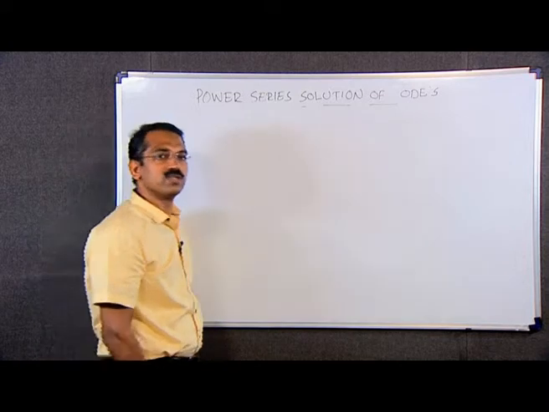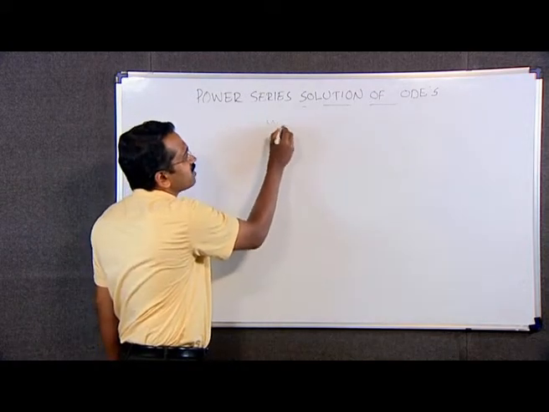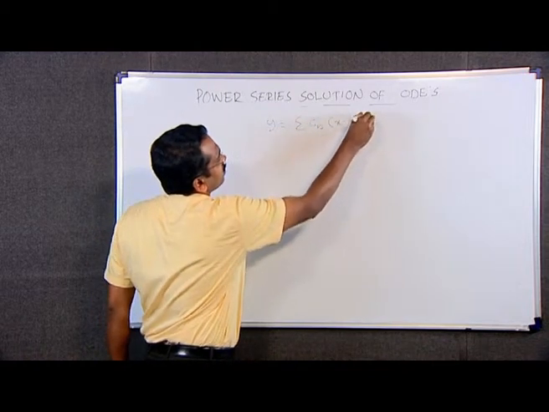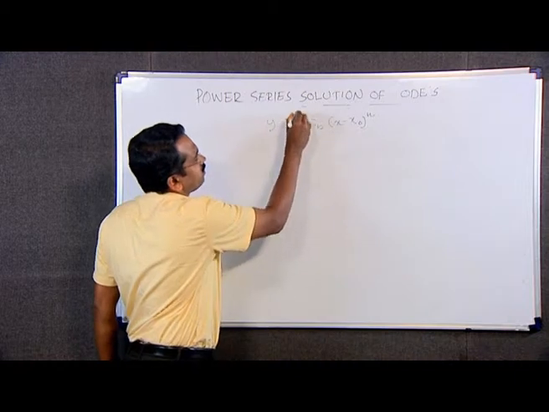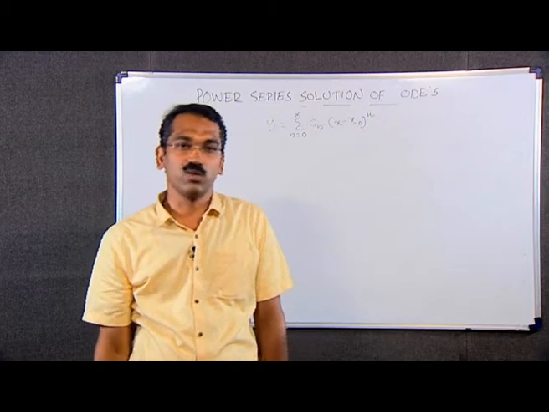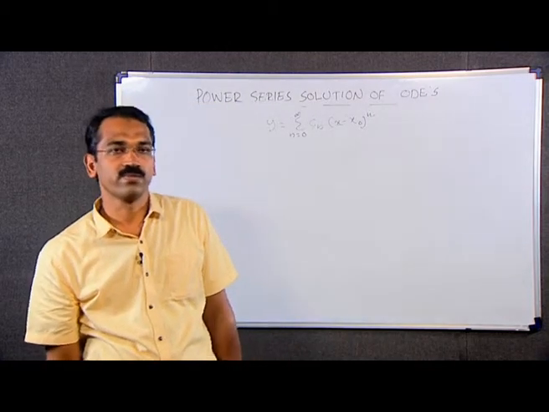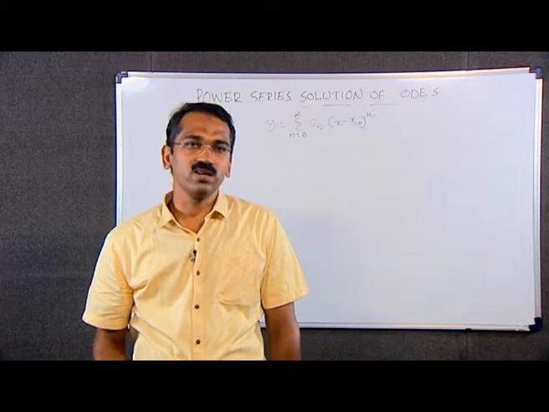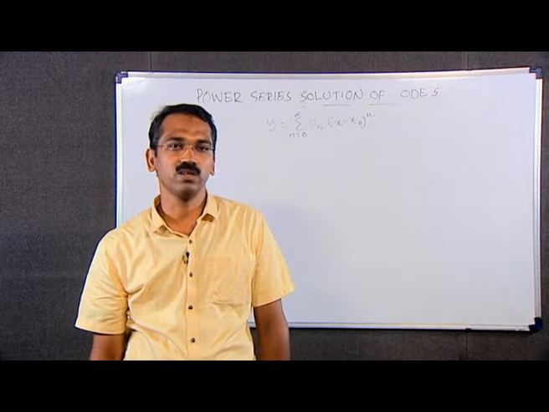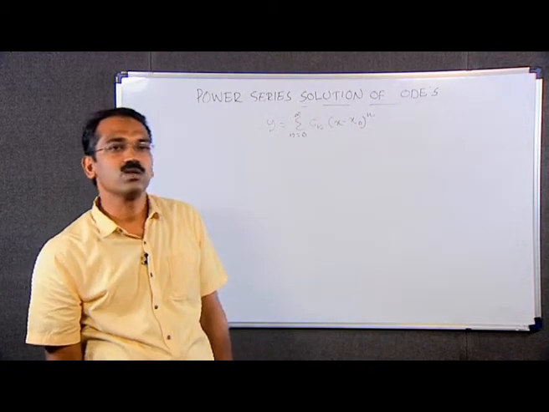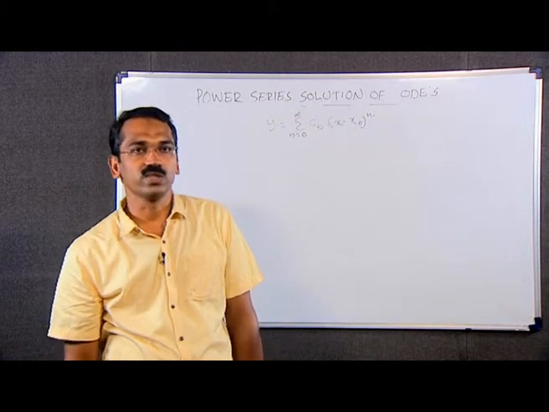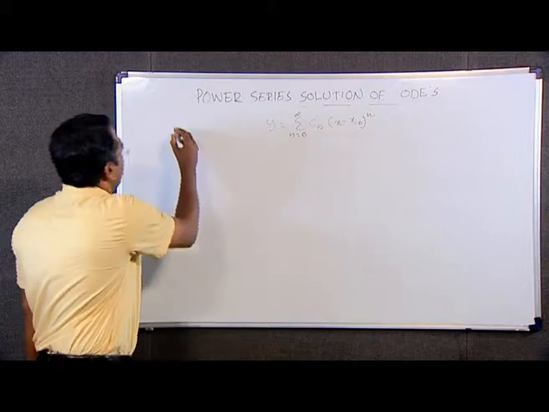In power series method, the solution y is equal to summation Cn into x minus x naught the whole raised to n, where n varies from 0 to infinity, was obtained only when x naught is an ordinary point of the given differential equation. Solution near regular singular point x naught can be obtained by an extension of the power series method, which is known as the Frobenius method or the generalized power series method.